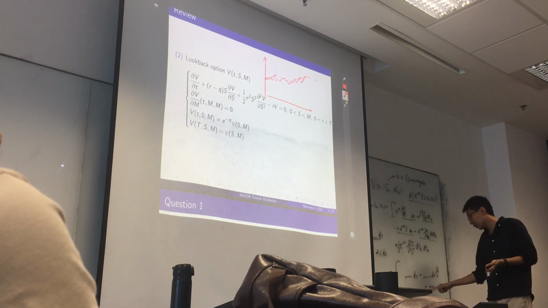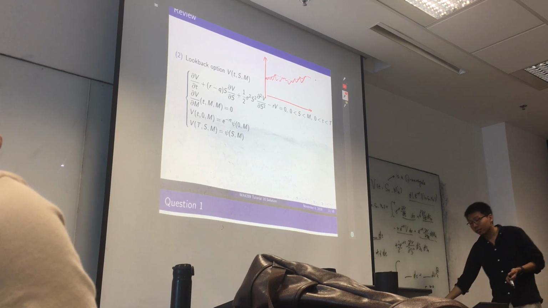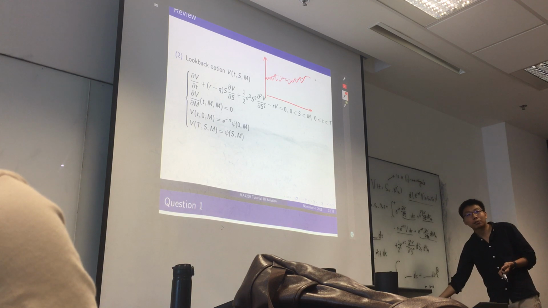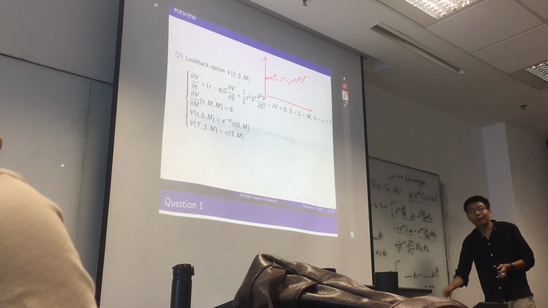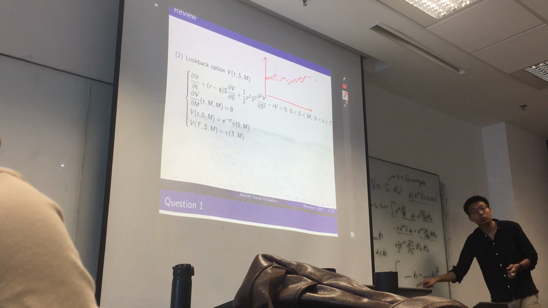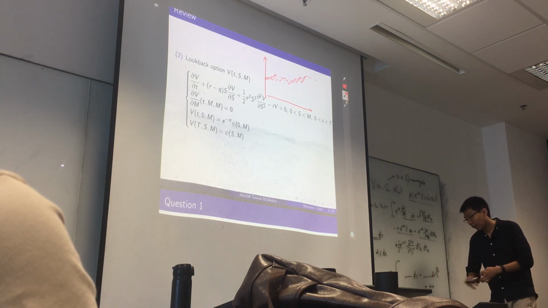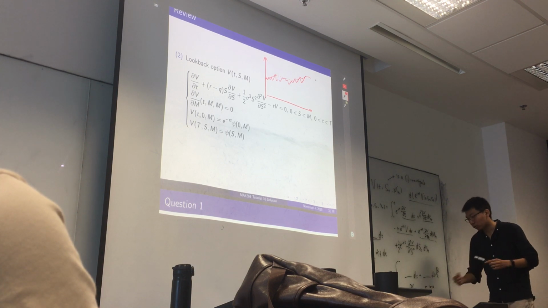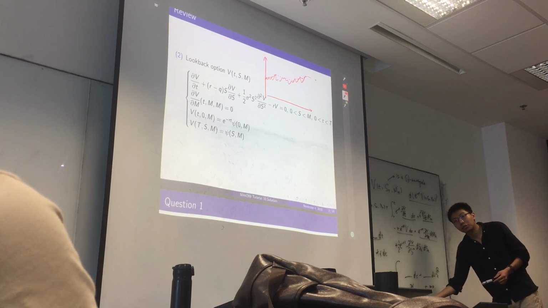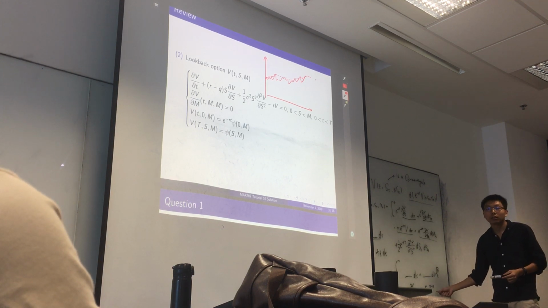In this case, this term automatically becomes 0. We do not need to worry, because dMt multiplied by anything is 0. Actually, this term is nothing but partial V, partial M. We do not need to impose any condition on partial V, partial M when dMt is 0.